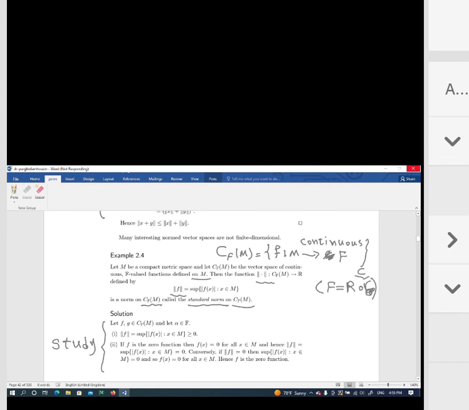For example, first, the norm of f, that is the supremum of the set of all absolute values of f(x) for x in M, is non-negative. That is the first property of a norm. And if this supremum equals 0, f(x) must be 0 for all x, so f equals 0. The other properties are verified in this solution.